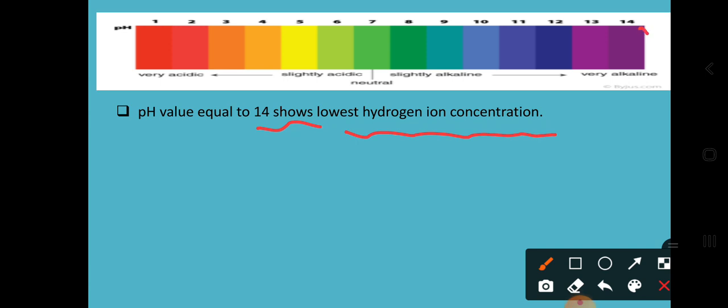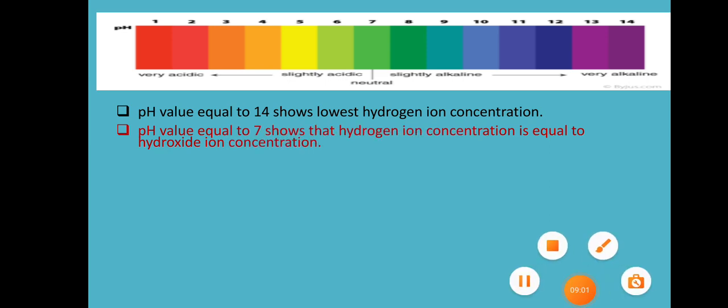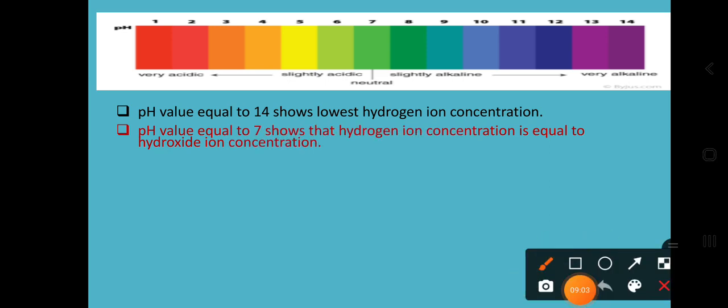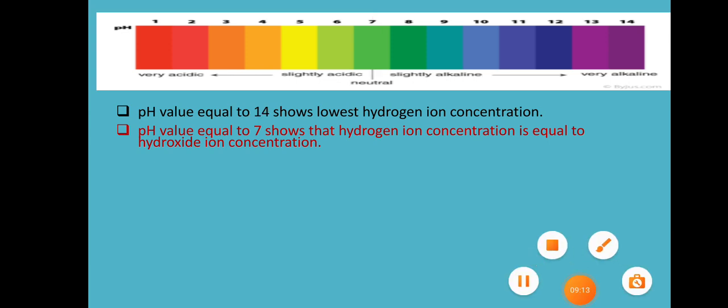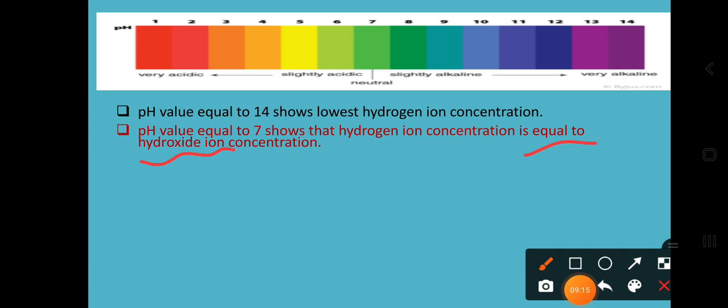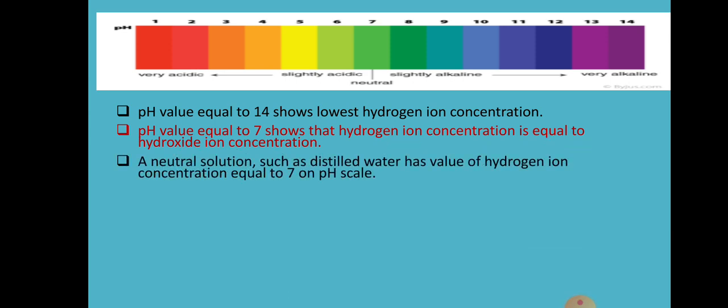When the pH value is equal to 7, as I told, in the middle, the hydrogen ion concentration is equal to the hydroxide ion concentration, because it is the middle of acidic and basic in nature.